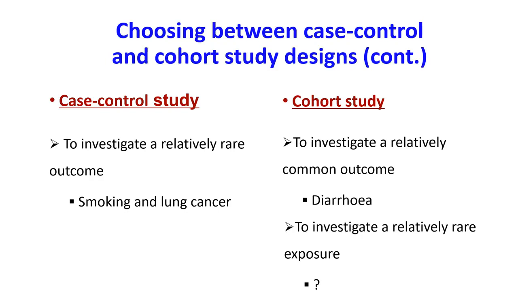Or if the outcome is common like diarrhea, you can go for a cohort study because you won't have to wait long and you will get many cases. So it's up to you. You need to think about the nature of the disease, how common that is, how long the follow-up period will need to be, how much resources you have, how much time you have.